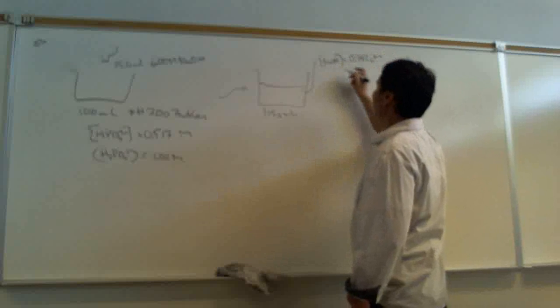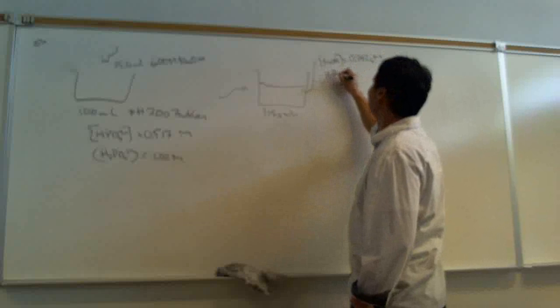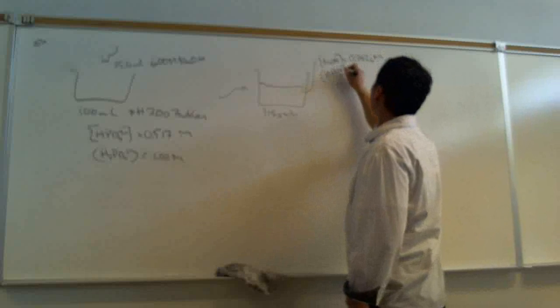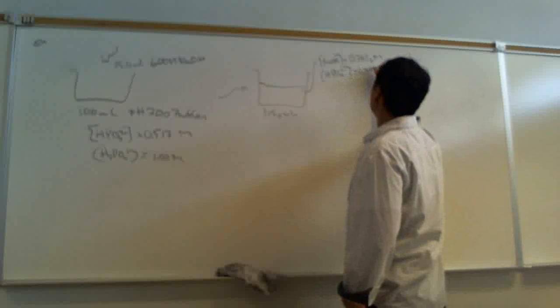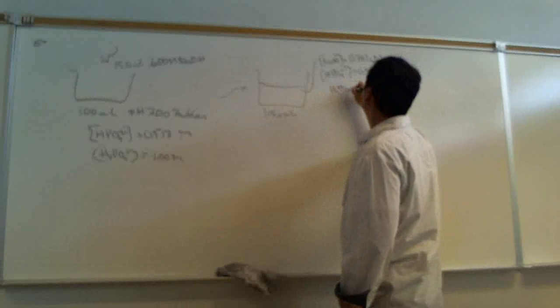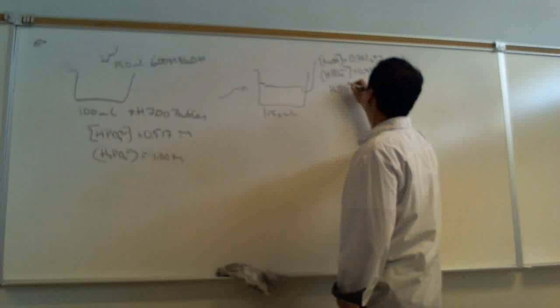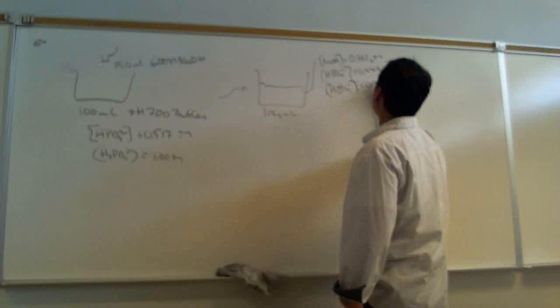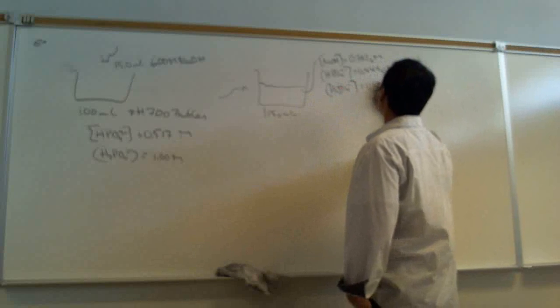So what everybody got? HPO4 2 minus? 0.4495. The H2PO4 minus? 0.8695.